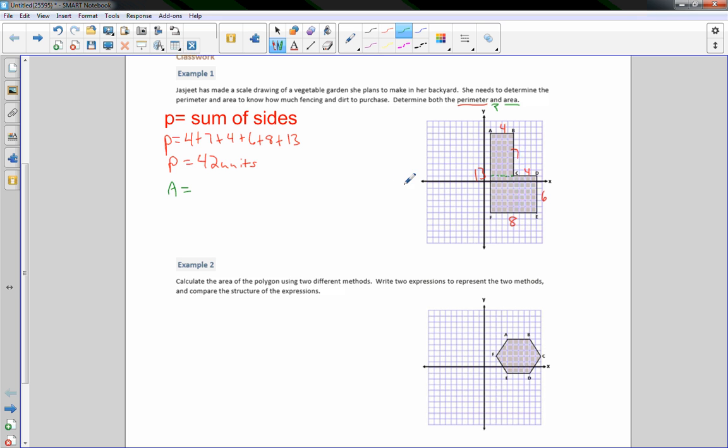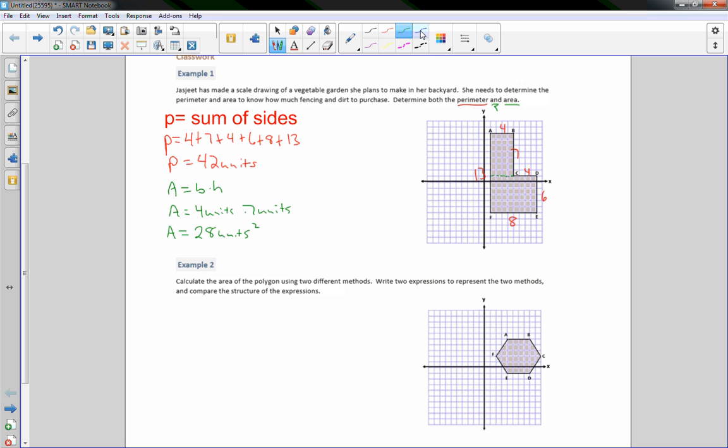I will go with this. It doesn't matter which you do. So now I have a rectangle here with a base of 4 and a height of 7. So area equals base times height. The area of this rectangle is 4 units times 7 units. So the area of the small rectangle is 28 units squared.